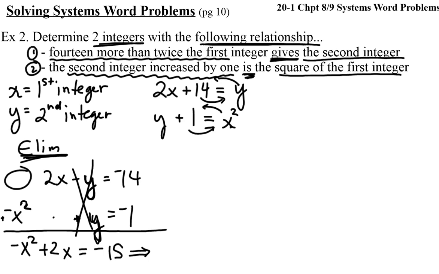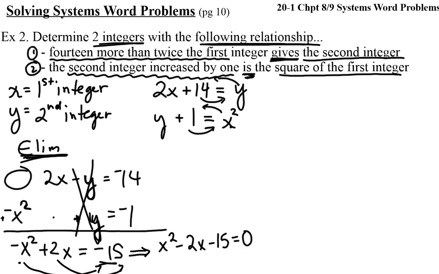So elimination will work. How would I solve that? Well, to solve a quadratic, everything has to go to one side. I would move my negative x squared over to be a positive x squared, which is helpful. My 2x would move over to become a negative 2x, and my negative 15 is there, so that's all good.